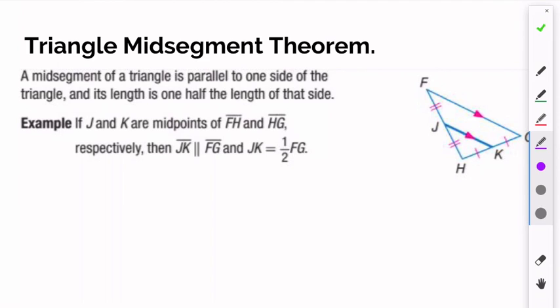Okay, so what this is saying is this parallel line within the triangle is always going to be 1/2 the length of the side that it's parallel to, the longer side. This rule becomes very handy.